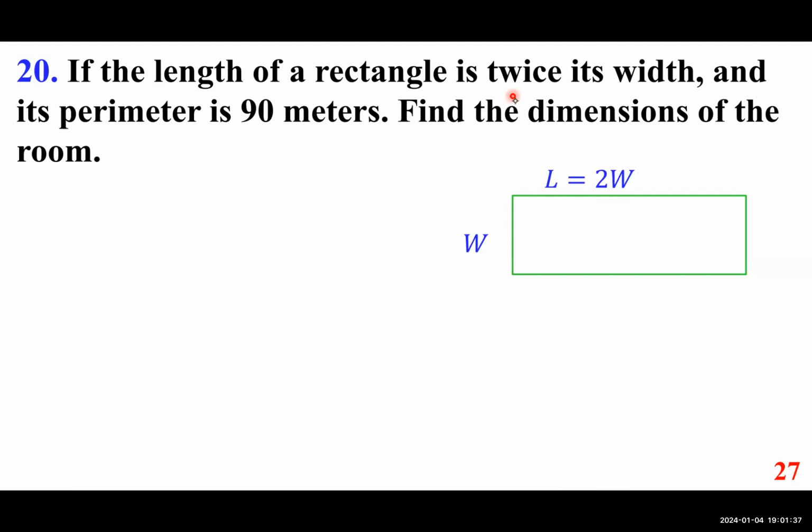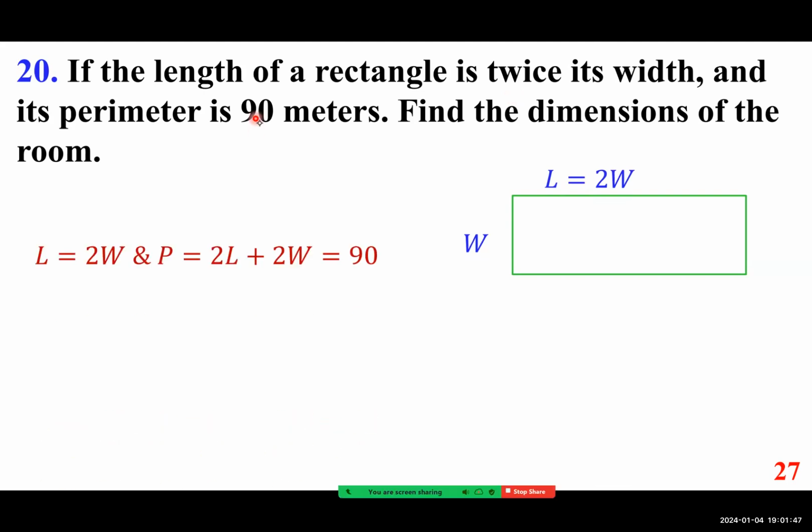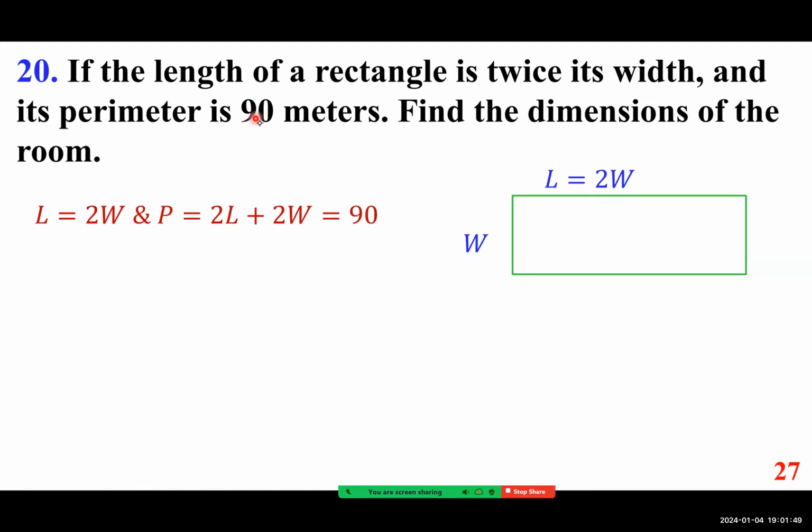Now, L is 2 times W, and the perimeter, which has the formula of 2L plus 2W, is given as 90. All right. So let's replace the L with 2W.